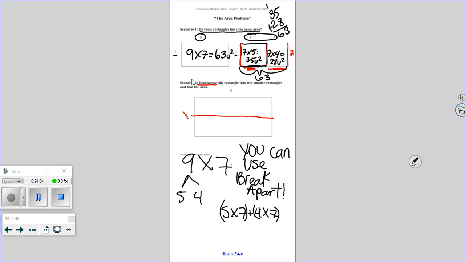We don't have to break it apart in half exactly, but we could. All right, we're breaking apart my 6. What would you like to break that into? Remember, it has to add to 6. Ashlyn? 3 and 3. That's not what I would have chosen, but if that's what you want to do, we'll go for it. I would have recommended 5 and 1.